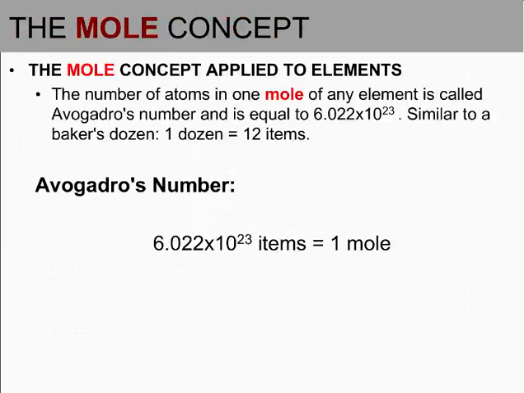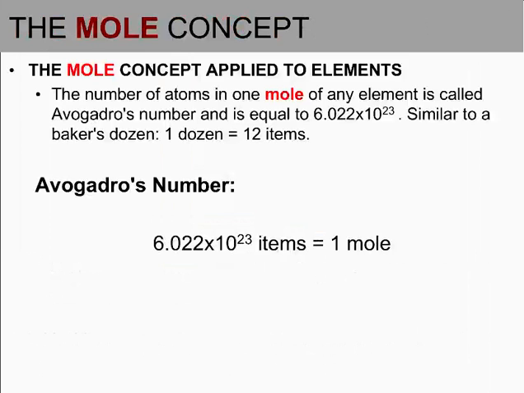Now, this is all leading to a concept called the mole concept. So the mole concept is going to allow us to count, for instance, the number of atoms we have or the number of molecules that we have. So when we talk about moles, we're not talking about the animal.